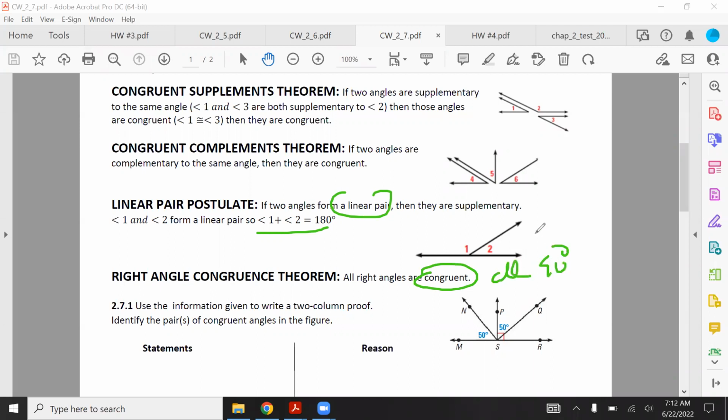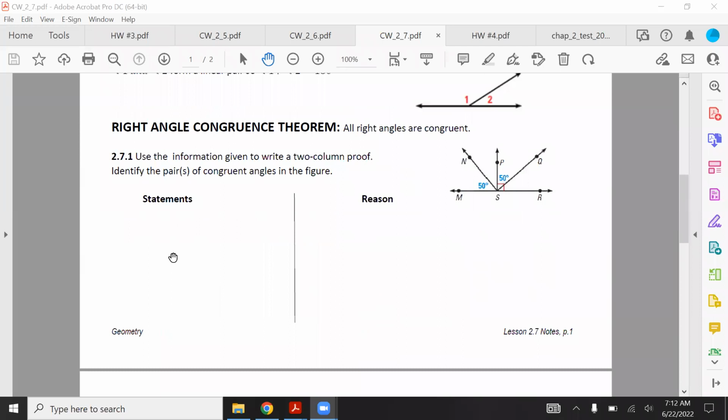So knowing all that information, let's do a proof. So let's look at 2.7.1. So let's talk it out first, as I mentioned. That's what you want to do. Well, you have to figure out what you want to prove first. Identify pairs of congruent angles in the figures.